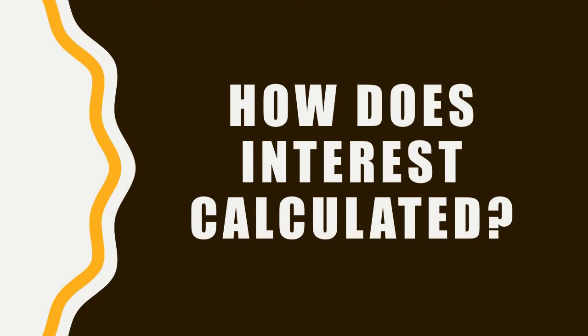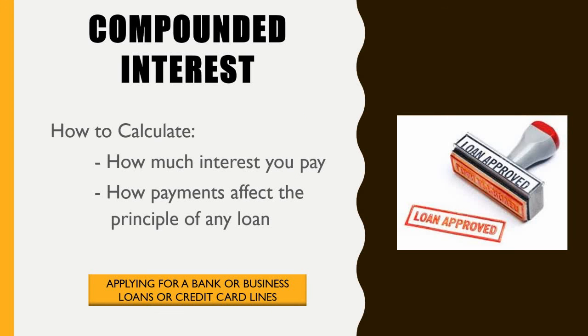So let's talk about how interest is actually calculated, especially compound interest. How in the world is it going to be calculated? Especially when we're looking at compound interest, this is how you're able to calculate it on an actual worksheet.